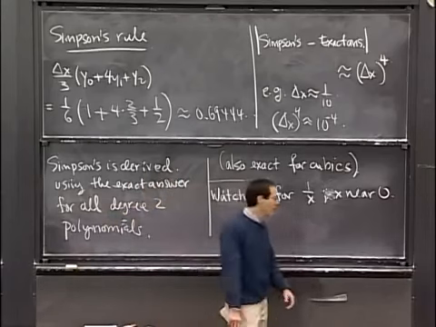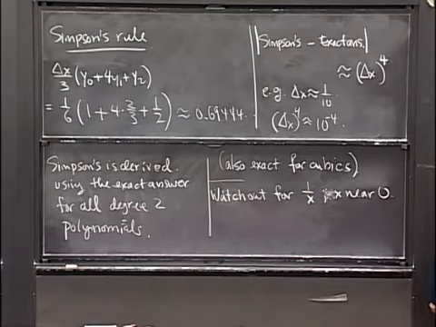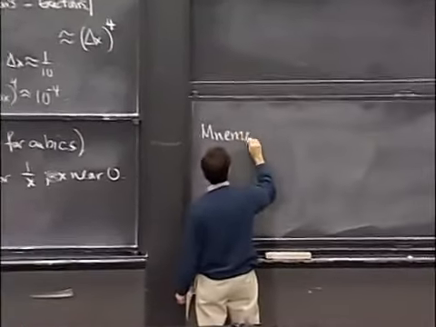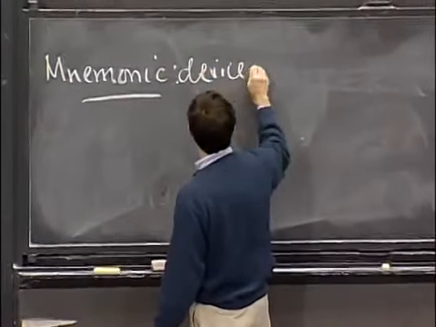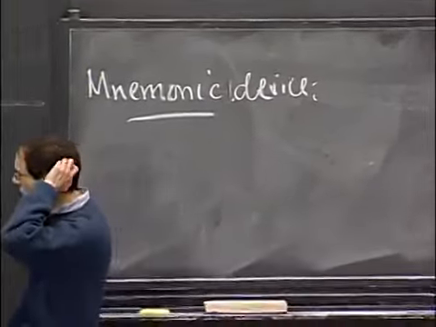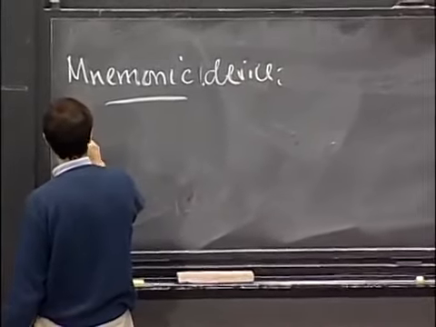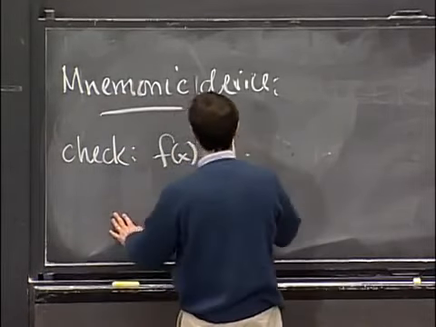OK, so if you were doing this on an exam, how do you remember this strange pattern of numbers? Well, the one thing that I want to recommend to you, as a mnemonic device for remembering what it is that you're doing, is to remind yourself of what happens for the simplest possible case, which is f of x equal to 1.